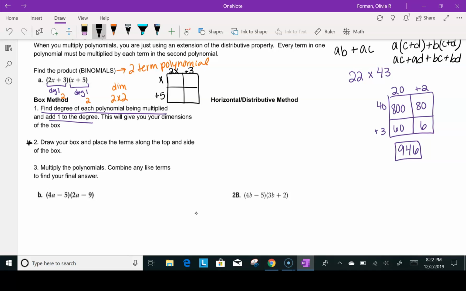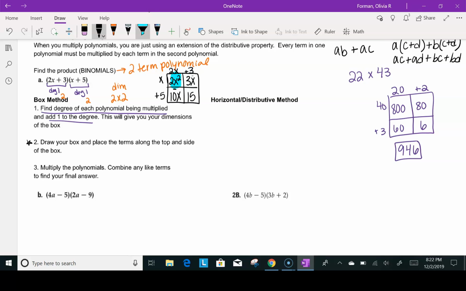And now you go through the multiplication. In this first box, we're taking 2x times x, and we get 2x squared. In this box over here, we have x times 3, we get 3x. In this box down here, we get 5 times 2x, a 10x. And in this box over here, 5 times 3 is 15.